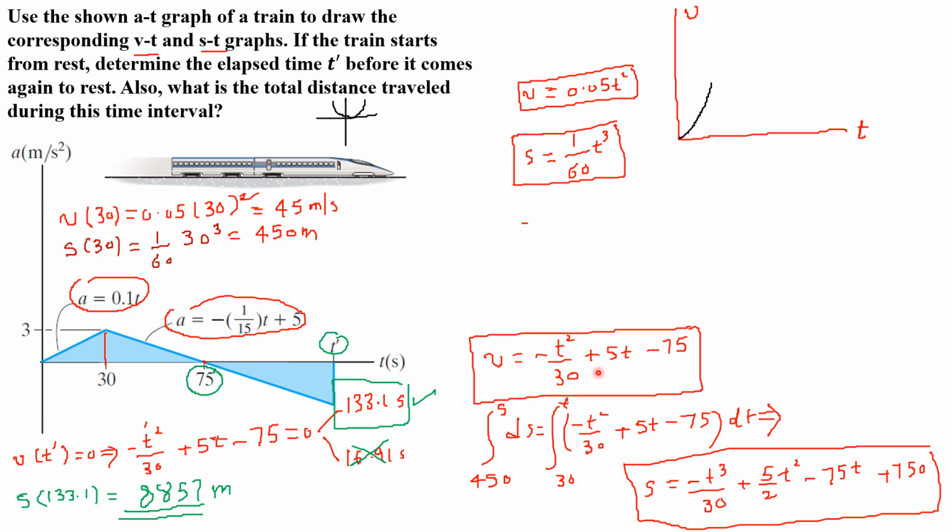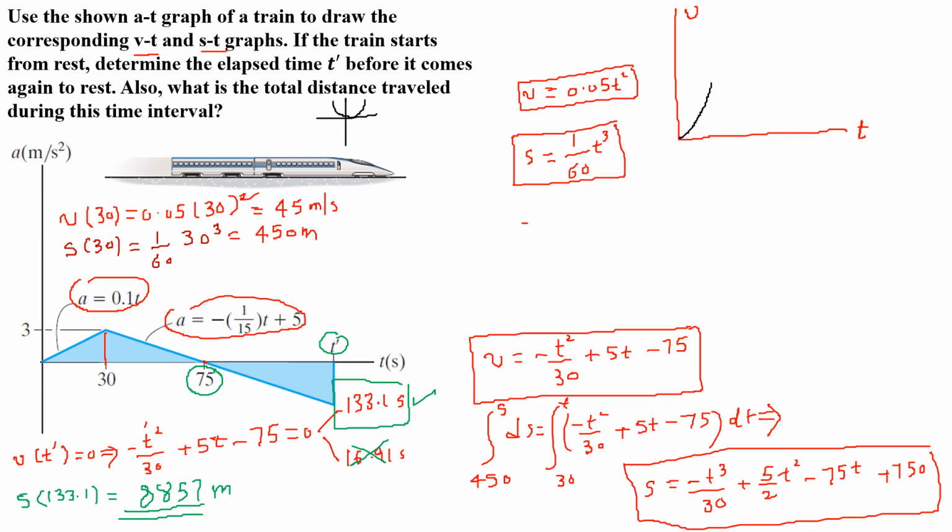And now what do we have? For the second part, it's still a quadratic function, but now we have a negative sign before the square power. So this curve will be concave down. We know that at some time I'm going to stop.